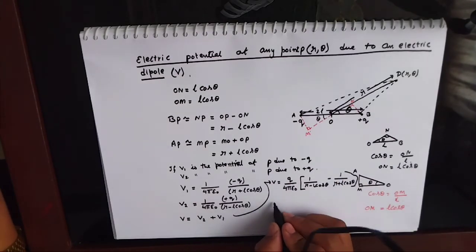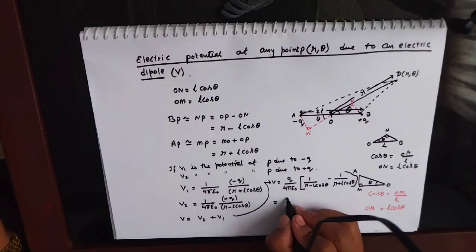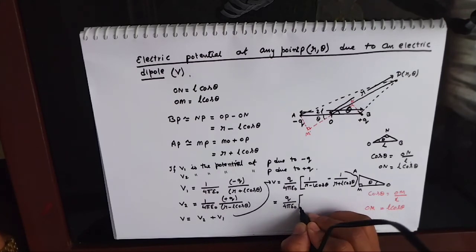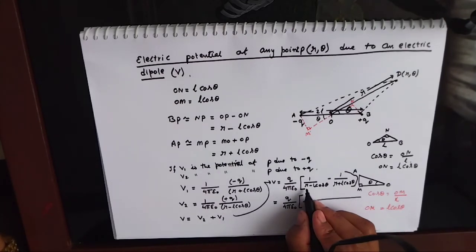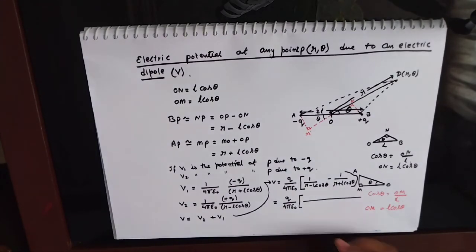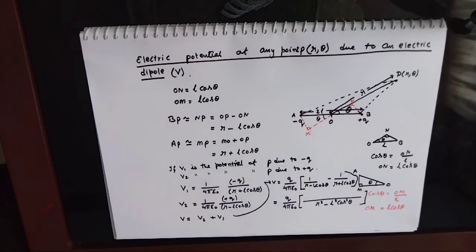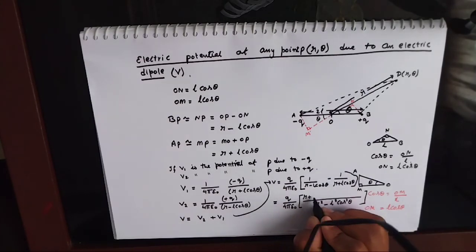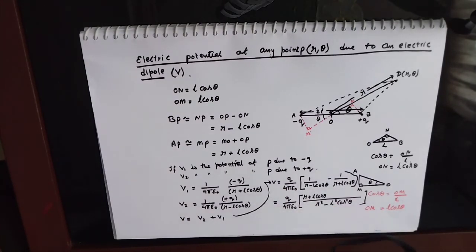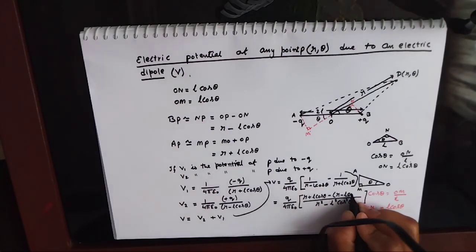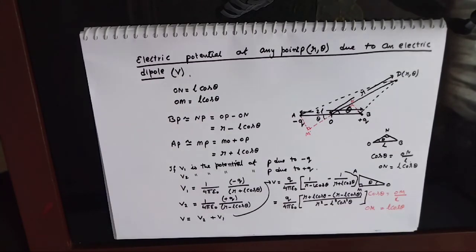Then from here we can write Q by 4 pi epsilon naught. What is the LCM between R minus L cos theta and R plus L cos theta? It is R square minus L square cos square theta. I cross multiply this, and I'll have R plus L cos theta, then minus R minus L cos theta. This R and this R will get cancelled.